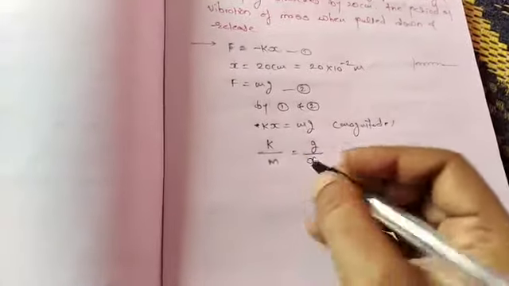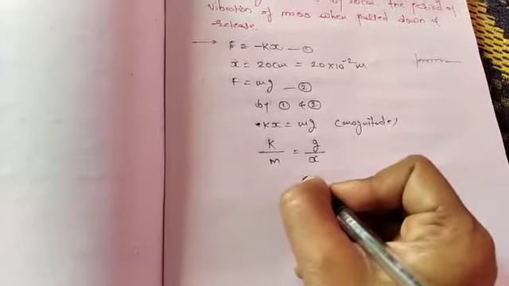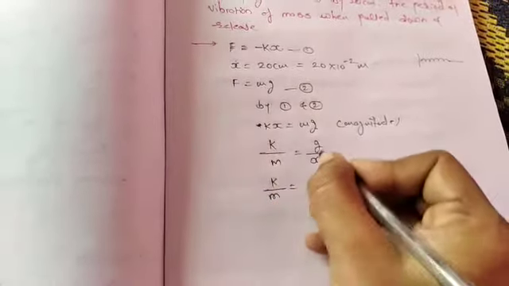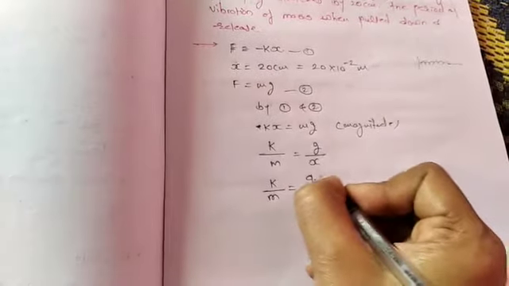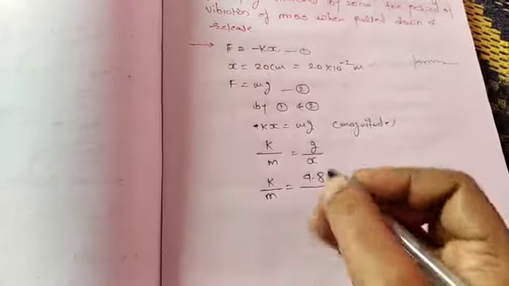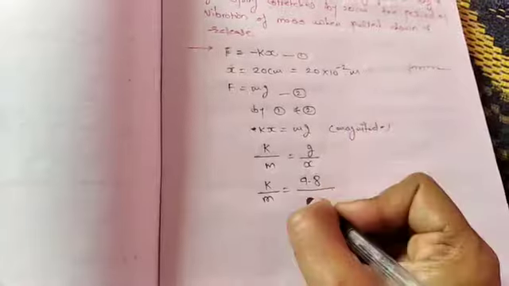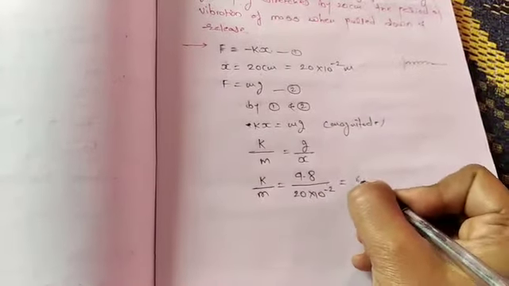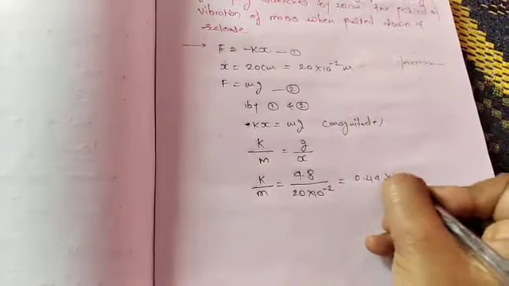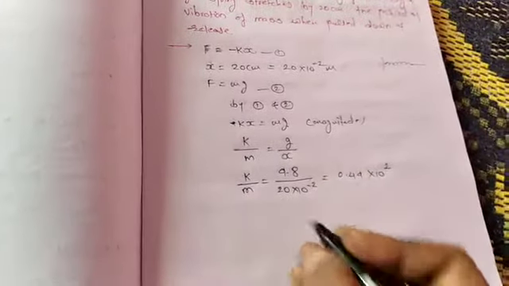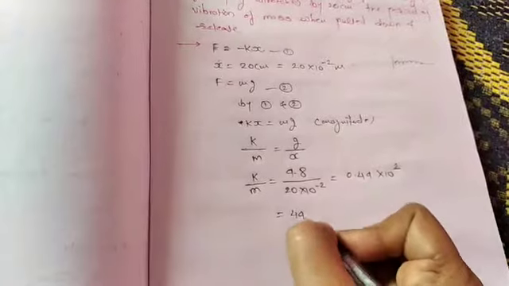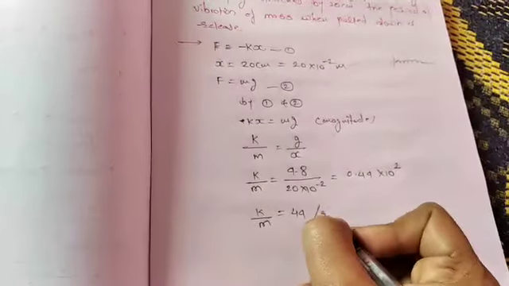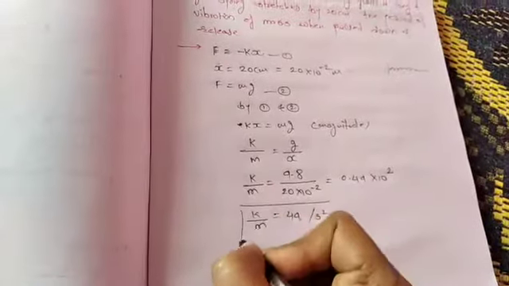Let's put the values: g is the gravitational acceleration, 9.8, and x is 20 into 10 to the power minus 2. So we'll have 0.49 into 10 to the power 2, that is 49, that is k by m.